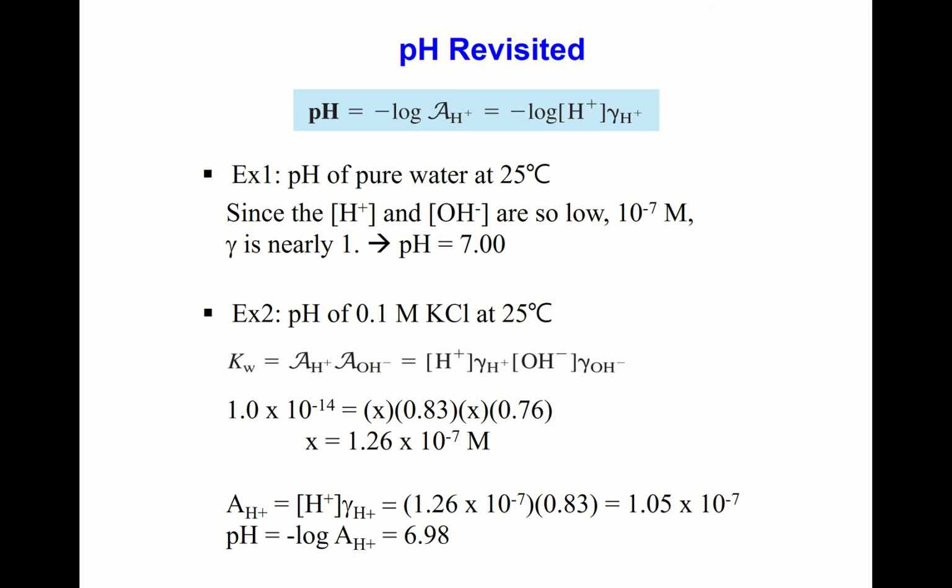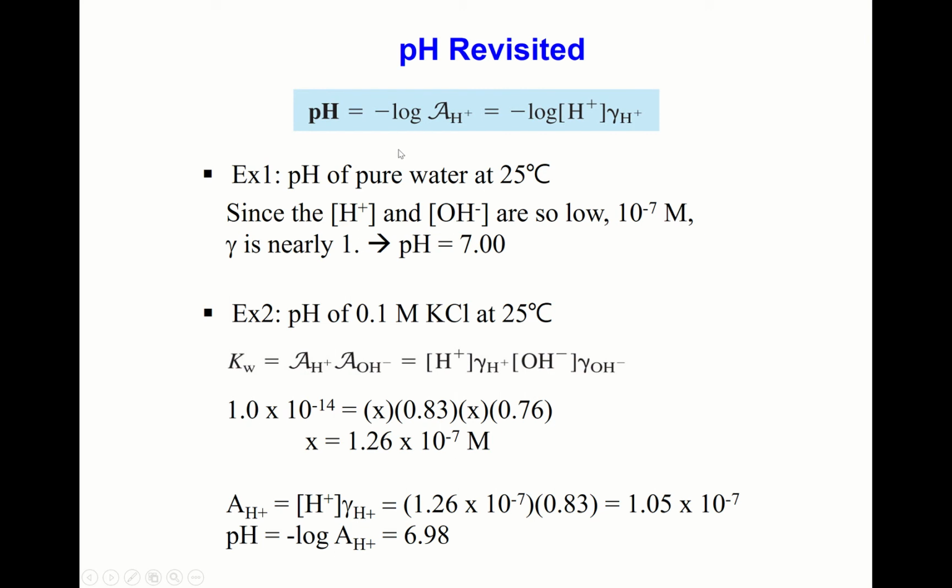Since we learned activity, now calculate the pH. pH, as you know, is defined by the negative logarithm of proton concentration, but using activity.